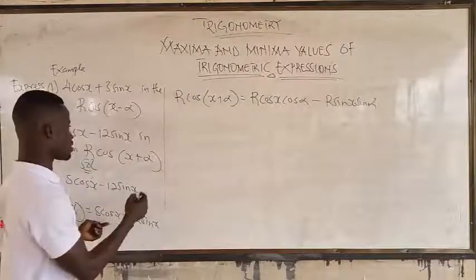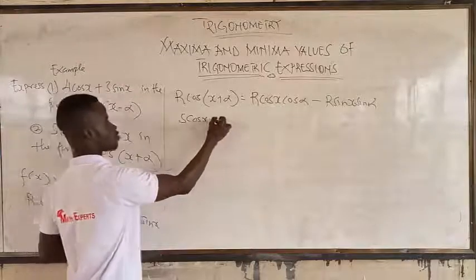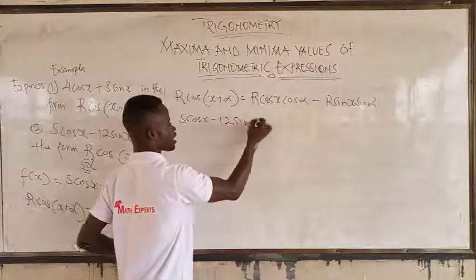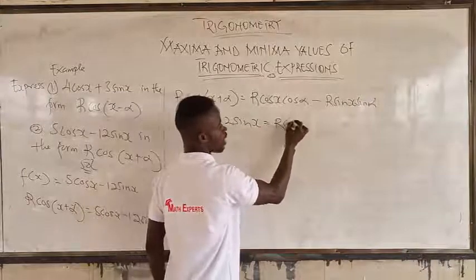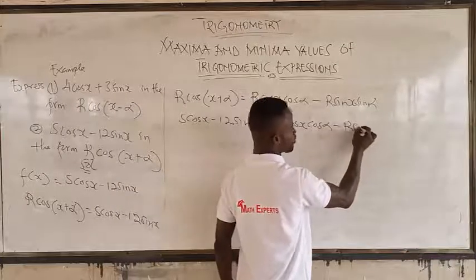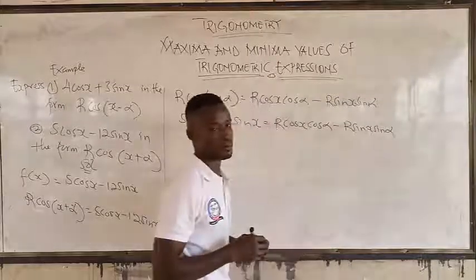So you can now equate 5 cos x minus 12 sin x to be equal to r cos x cos alpha minus r sin x sin alpha.